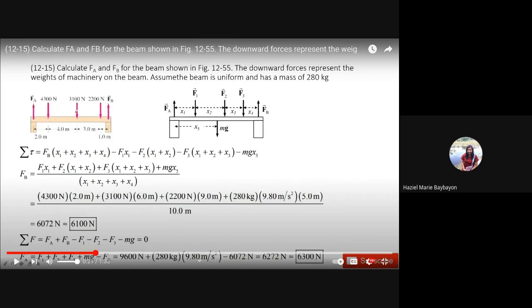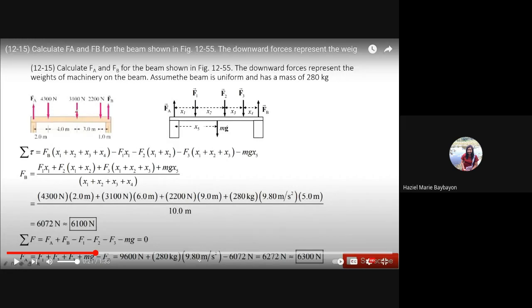So you have 4,400 newtons. But this is wrong compared to the given, 4,000, 3,000, 2,000. Their answer is 5,625 newtons.